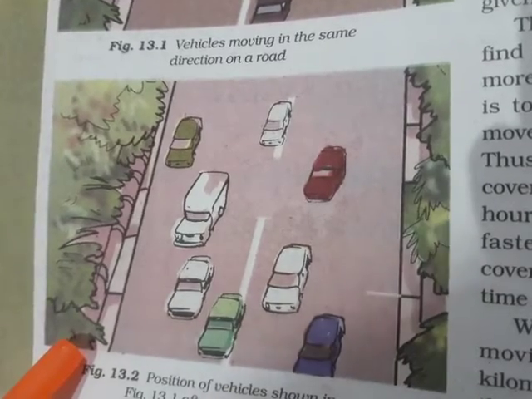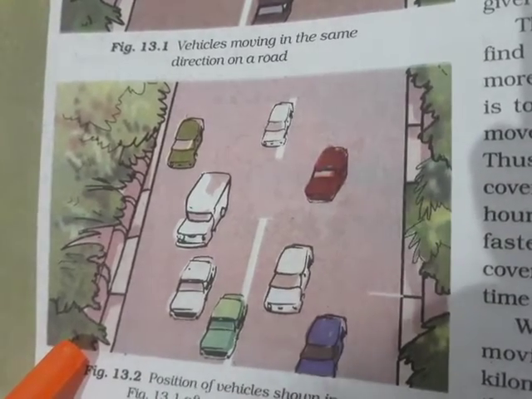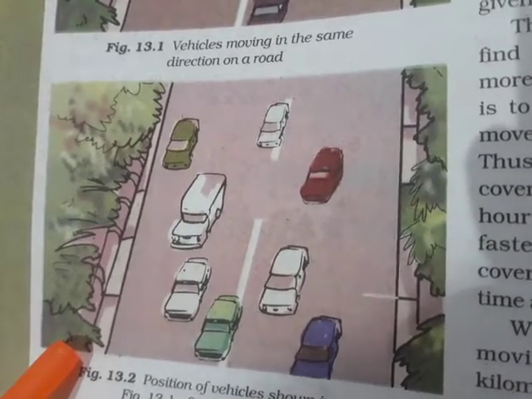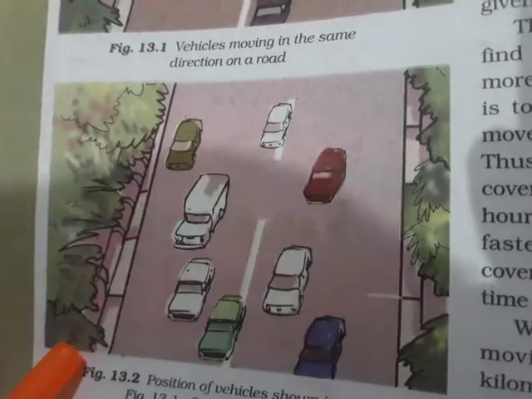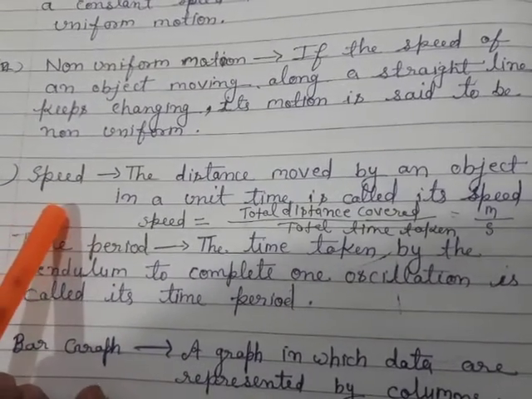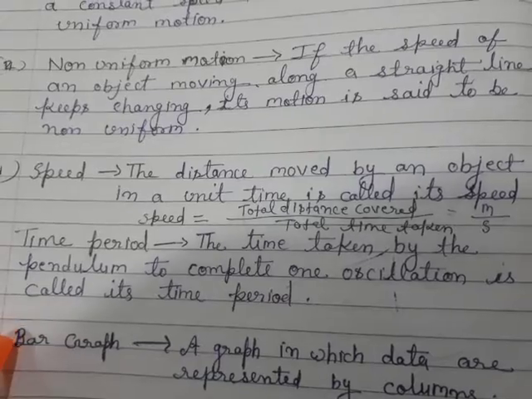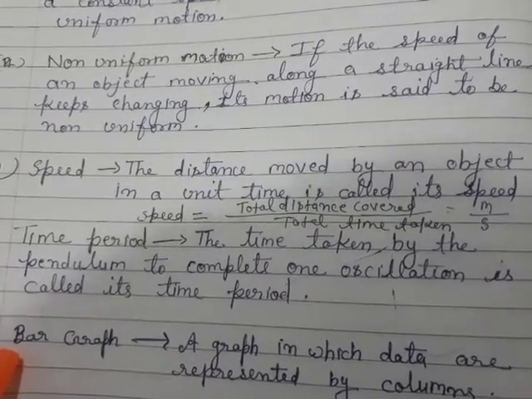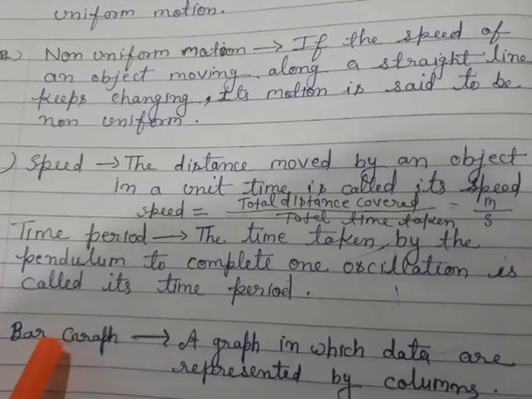We call the distance covered by an object in a unit time the speed of the object. So we will define the speed in this manner: the distance moved by an object in a unit time is called its speed.